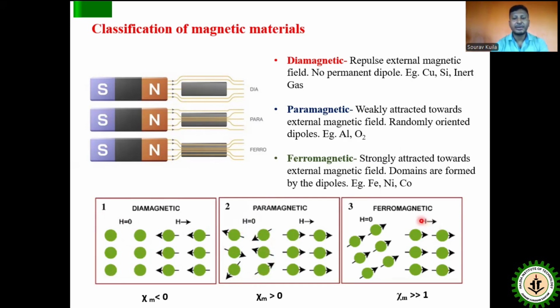In ferromagnetic material, the dipoles form groups, which are called domains. A domain means a particular region in which all the dipole moments are directed in the same direction.